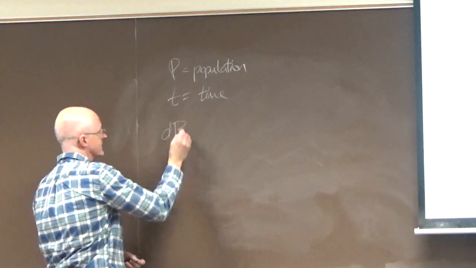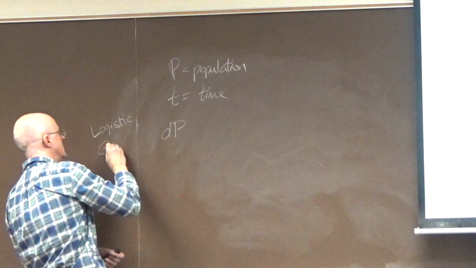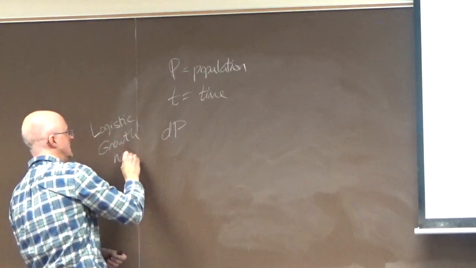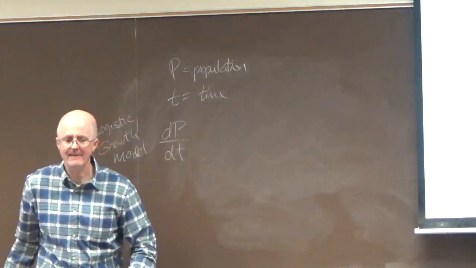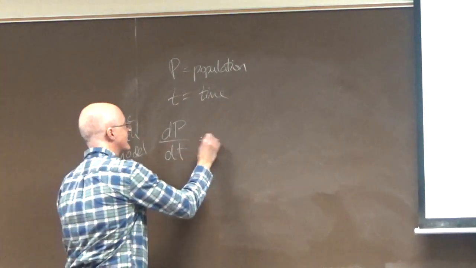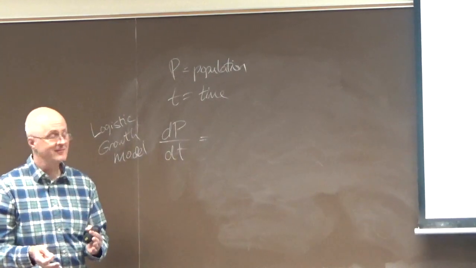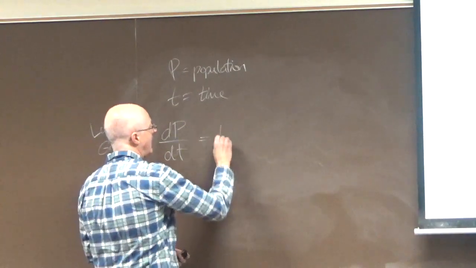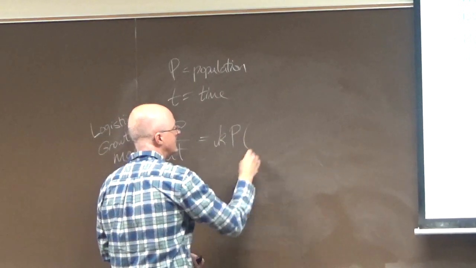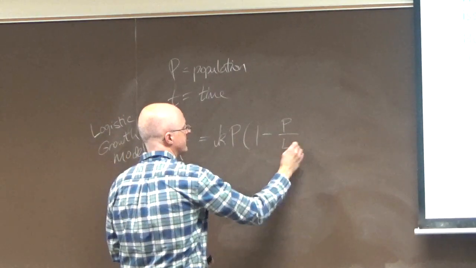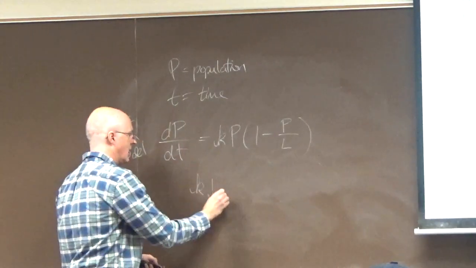The model we're after, the logistic growth model, says something about the rate of change of P with respect to time. I kind of just have to tell you the answer, then I'll explain it. It's going to be some constant K times P times 1 minus P over some other constant L. K and L are positive constants.